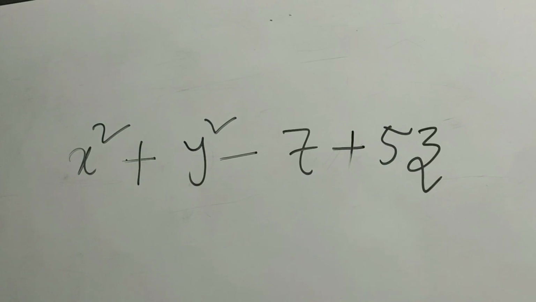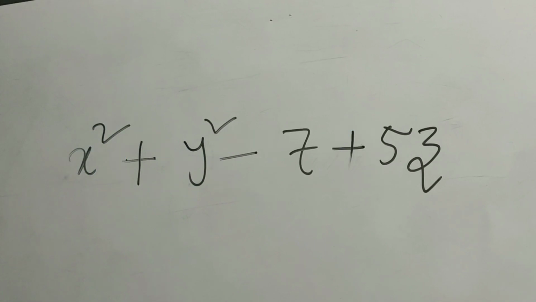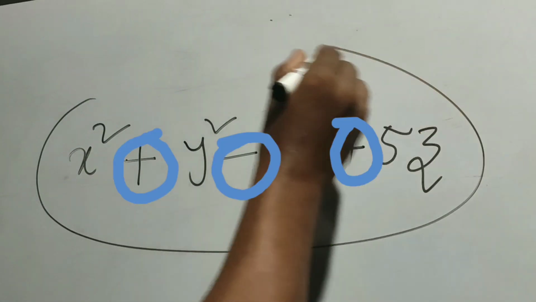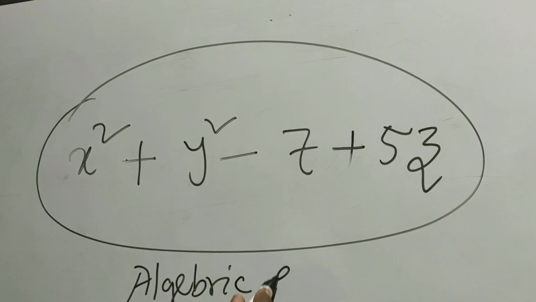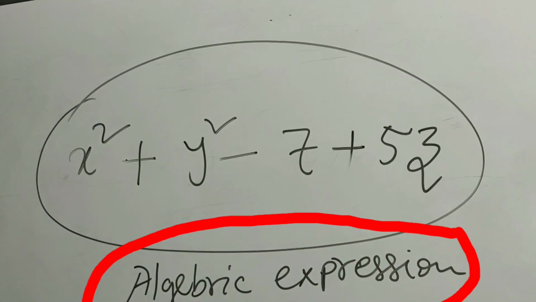If the variables, constant terms or both are connected or separated by plus or minus, then this expression is known as algebraic expression. Now you can understand.